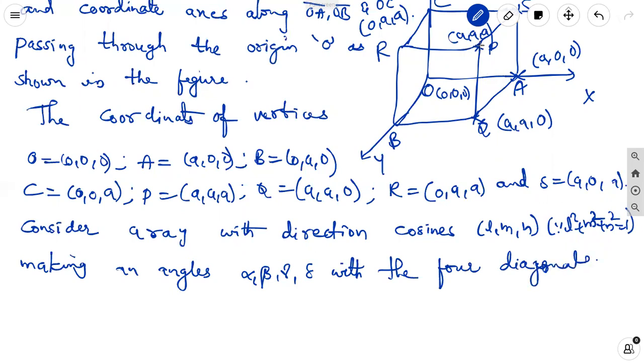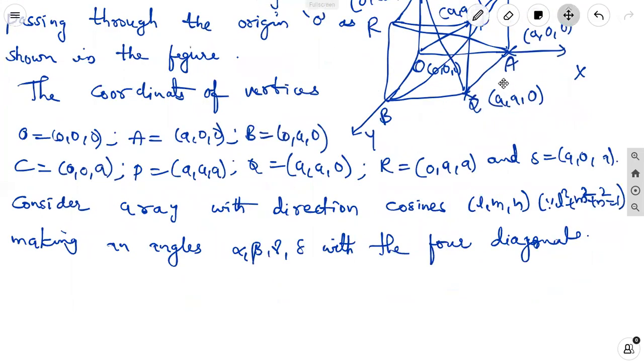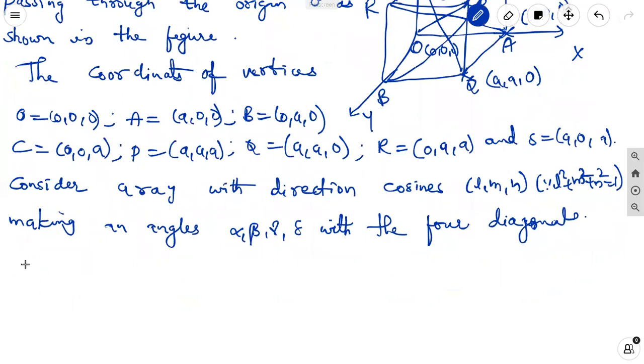Four diagonals means this is one diagonal, CQ is one diagonal, AR is one diagonal, BS is one diagonal. Here 4 diagonals. What are the diagonals? OP, CQ, AR and BS respectively.